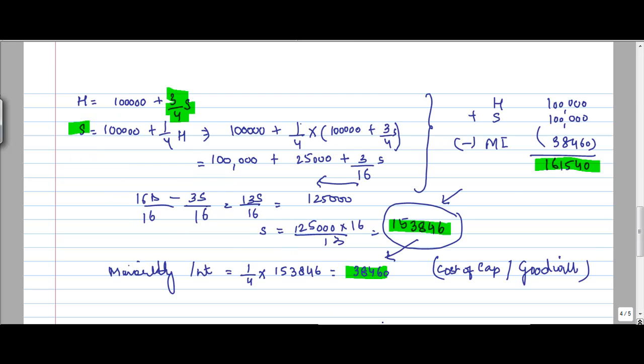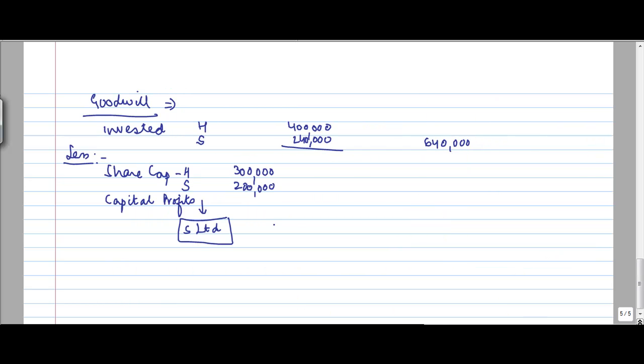This is basically 153,846, total capital profits of S Limited, less minority interest 38,460. As I do this subtraction, what do I get? So 5 lakh was here. 115,385. Let's keep this as 5 only for the sake of rounding.